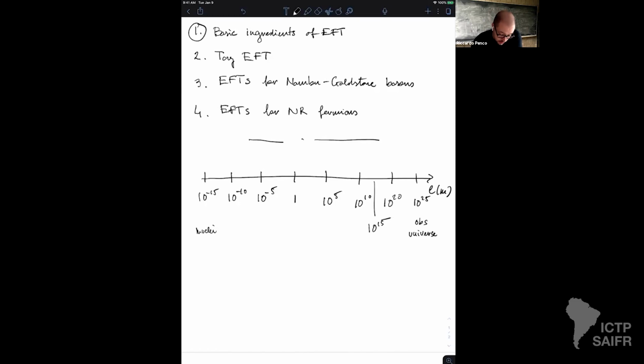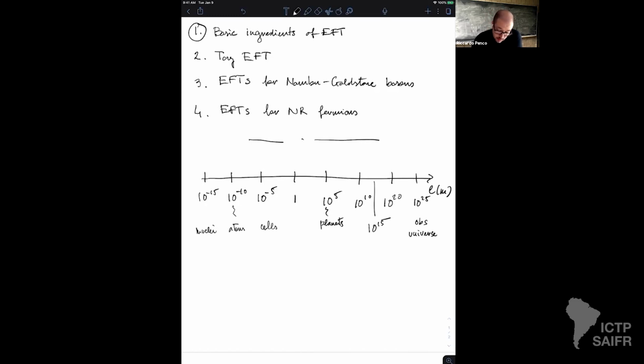And in your departments, you might have colleagues that work in this regime, atomic physics, biophysics, worried about cells, astrophysicists that look for exoplanets and care about physics going on at these scales, and so on and so forth.